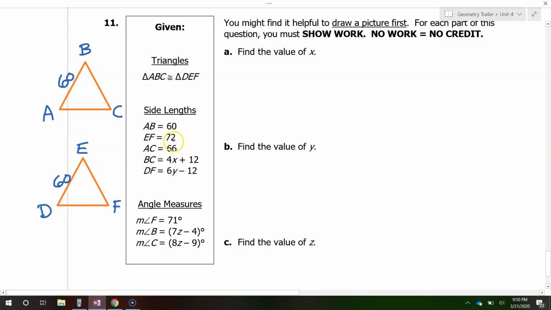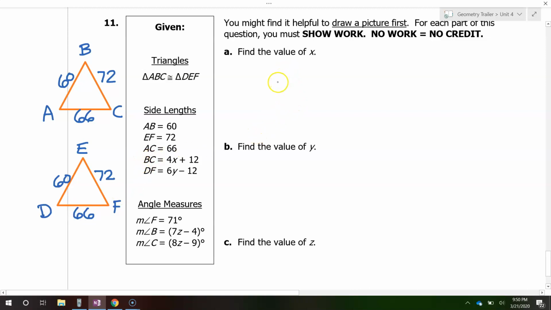EF is 72. So here's EF over here. This is 72. That means that BC has to also be 72 because these are corresponding sides. AC is 66. All right, so this is 66. That means that DF must also be 66. All right, so that's useful to know.